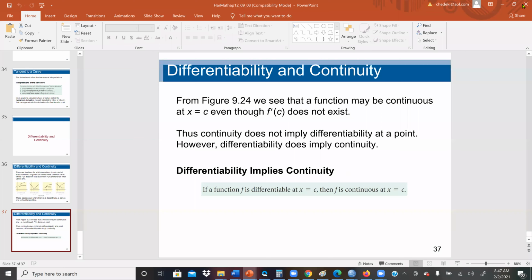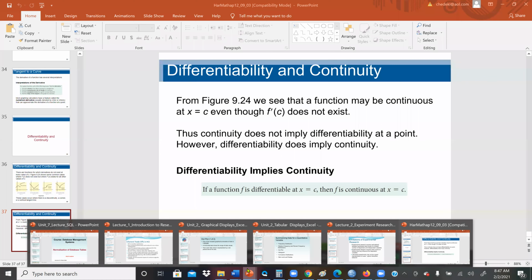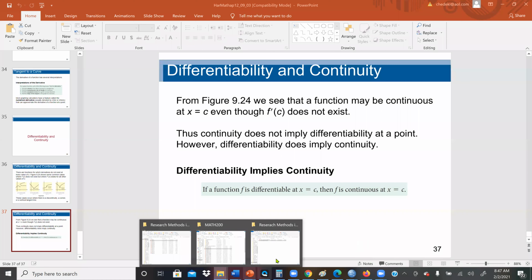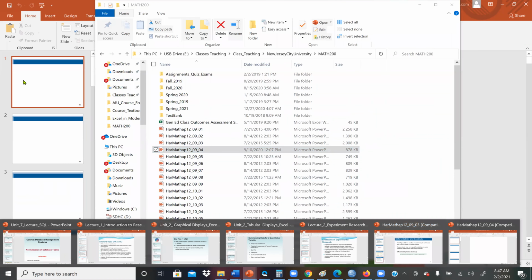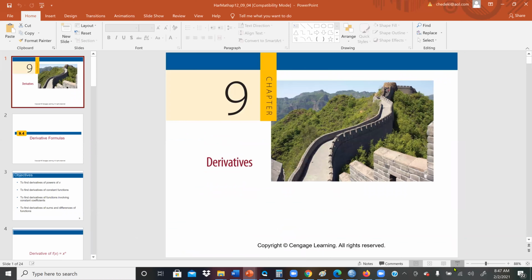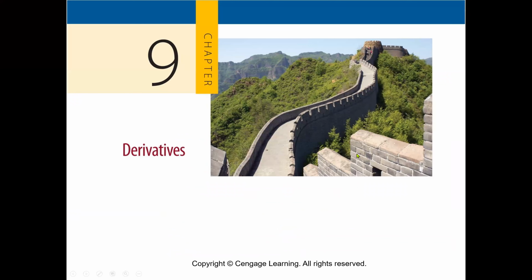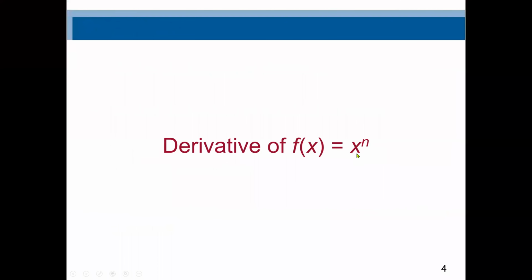So again, today we continue with 9.4. We started 9.3, rate of change and instantaneous value. And then 9.4, I think we started with the power rule already, but we can just go through it very quickly.